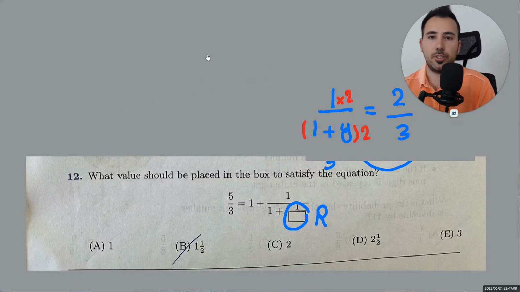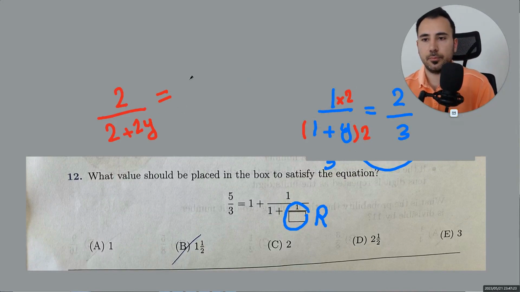Okay, you see it's too much work. Just guesswork, trial and error would be so much better. So it would be 2 over 2 plus 2y equals, oh, I called it R and then I used y. Sorry, guys. So 2 over 2 plus 2y has to be 2 over 3.